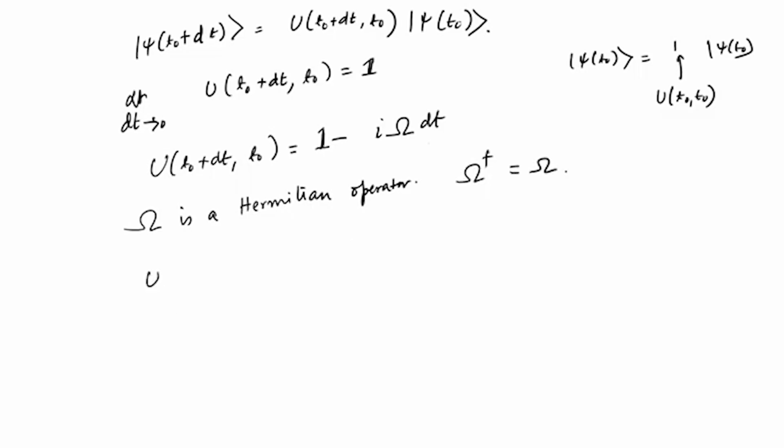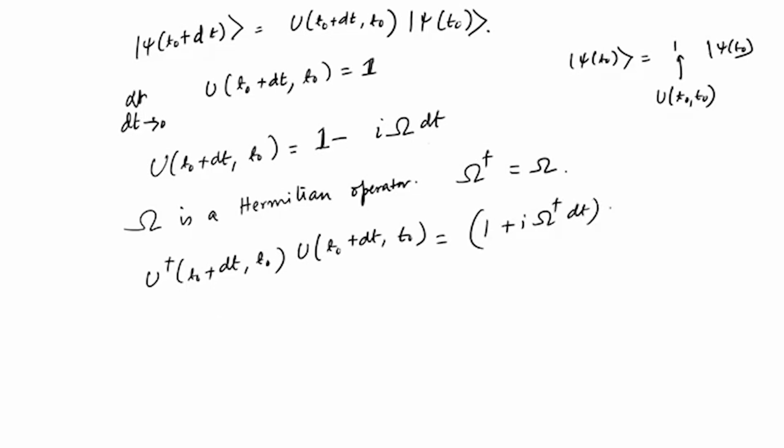So we have U dagger of t0 plus dt, t0 and U of t0 plus dt, t0, this is equal to 1 plus i omega dagger dt into 1 minus i omega dt.